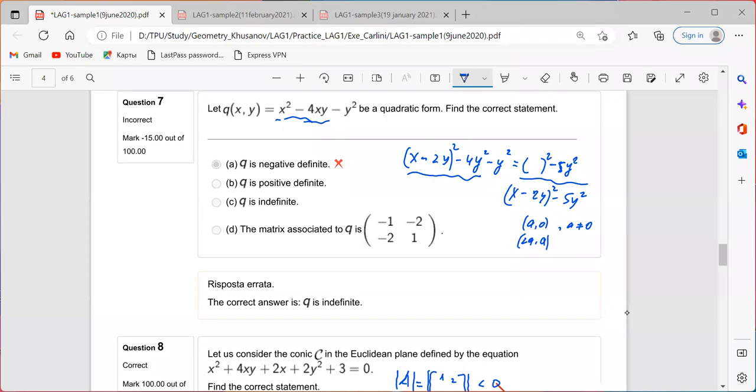Then x minus 2y will be equal to 0, and this other term will be just minus, so it will be negative. That's why for this value we have positive, and for this value we have negative. So it means that this quadratic form is indefinite; it may accept both positive and negative values.